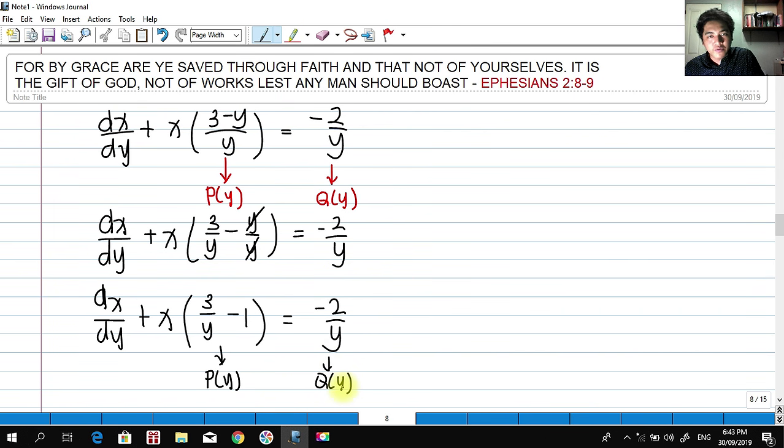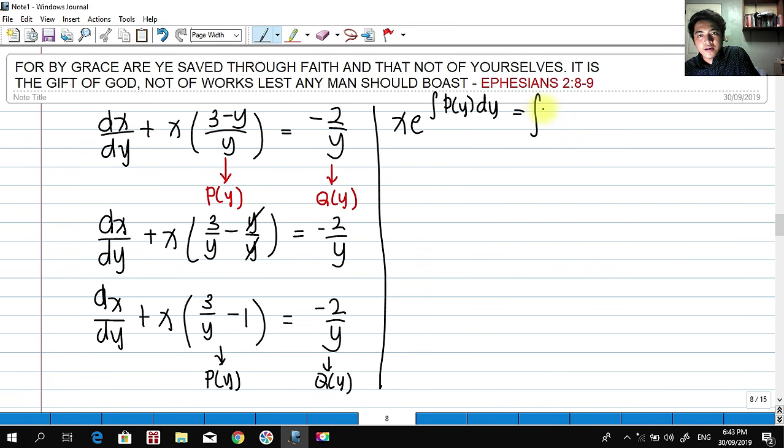And again, if we recall the formula for a linear equation in x, x multiplied by e raised to the integral of p of y dy is equal to the integral of q of y multiplied by e raised to the integral of p of y dy, with dy here.